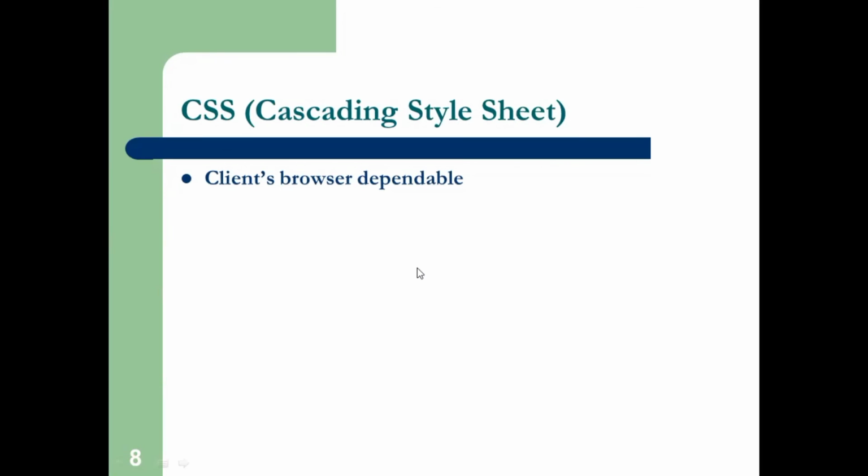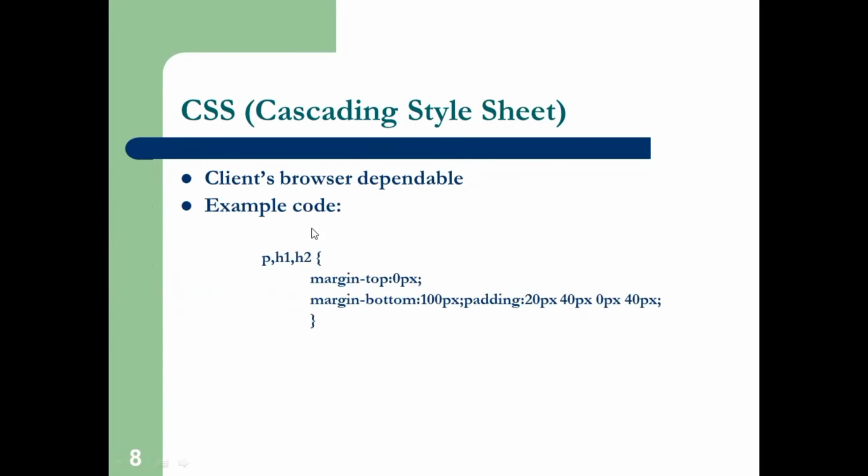It does not have the API that can understand that code. It will show nothing here, just a transparent background and text in front of that transparent background. So we can say that CSS is basically a client's browser dependable language.